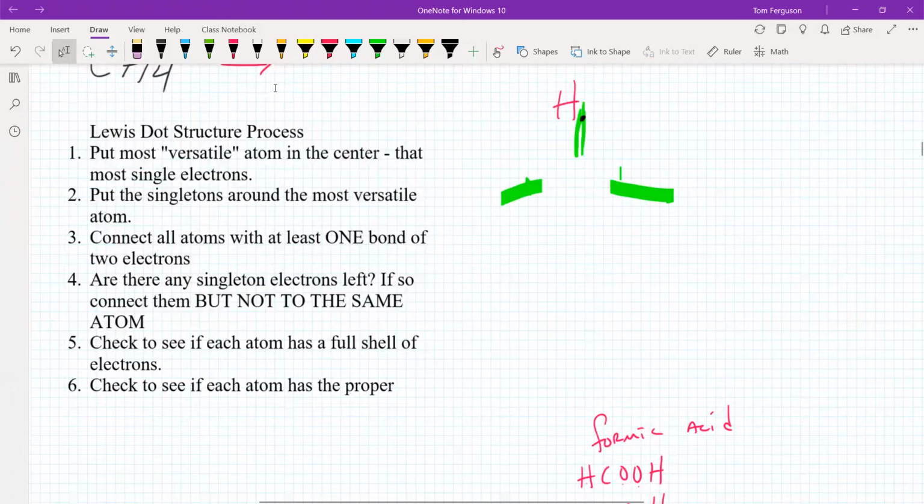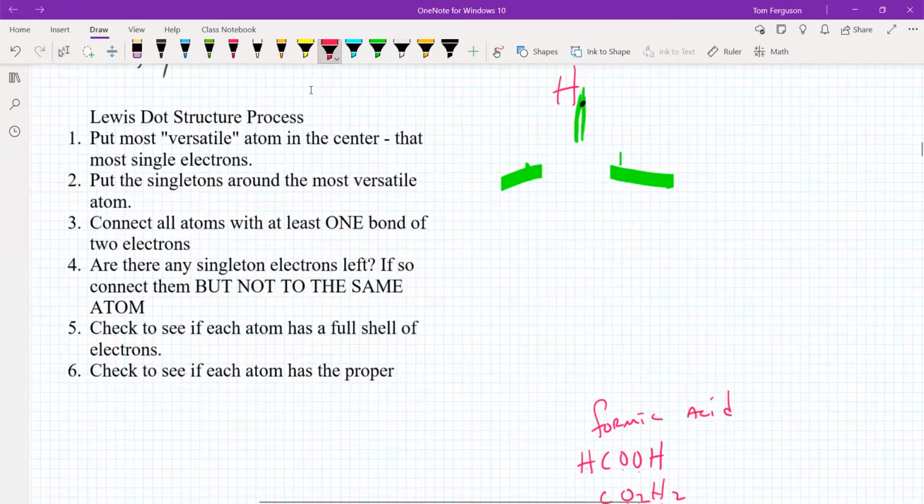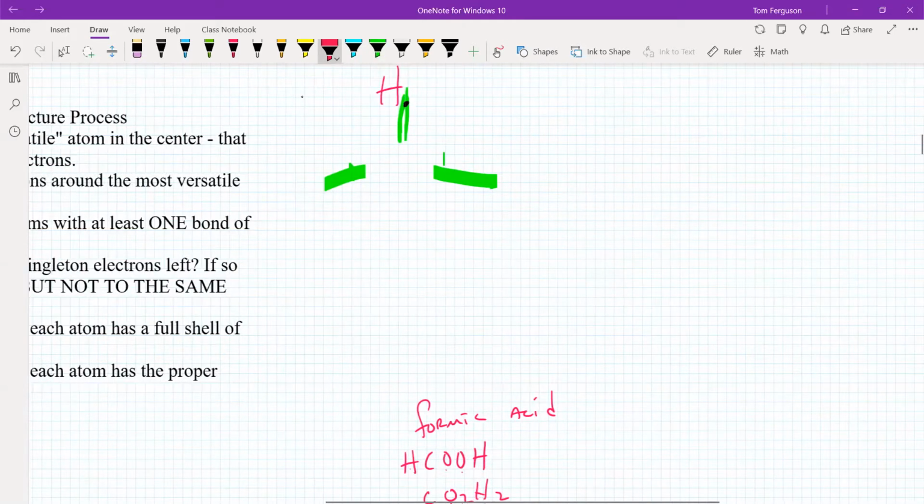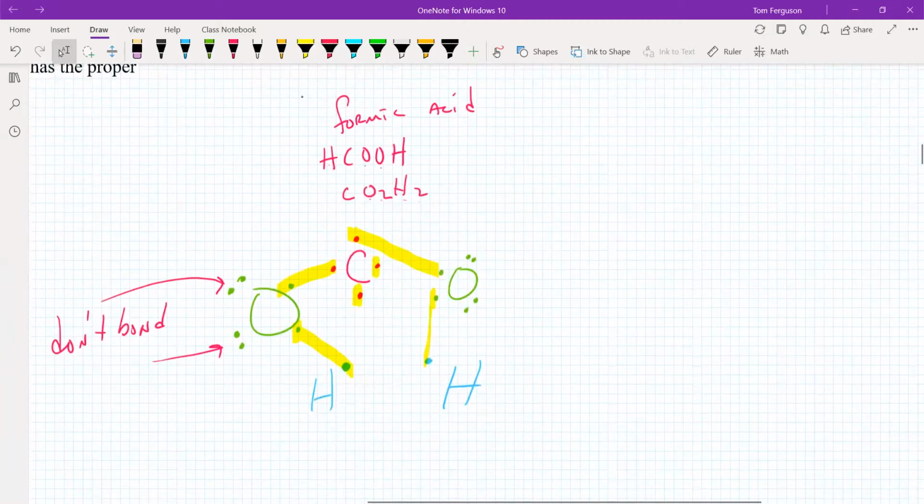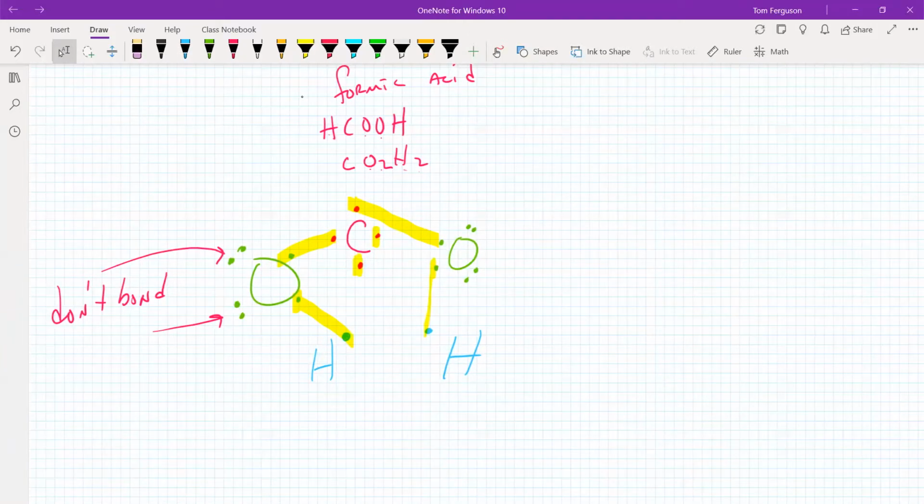We can't do it to the same atom. So what we've done doesn't work.